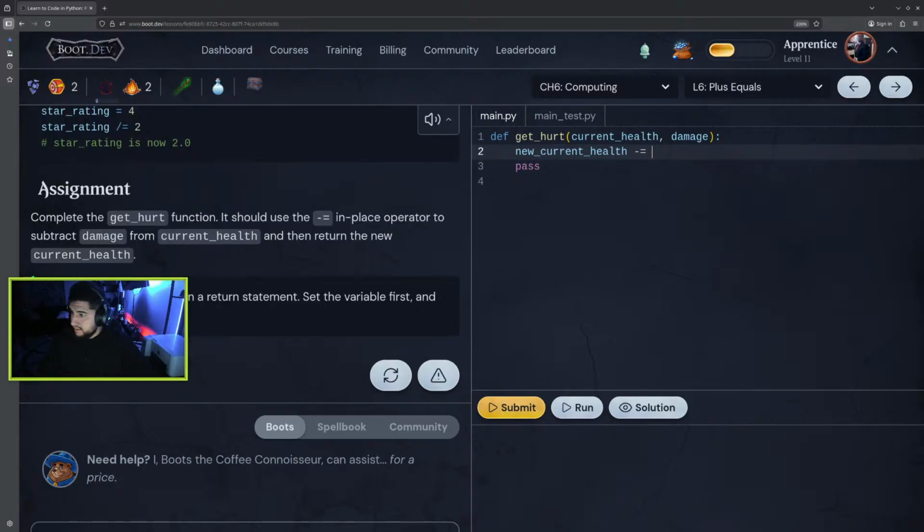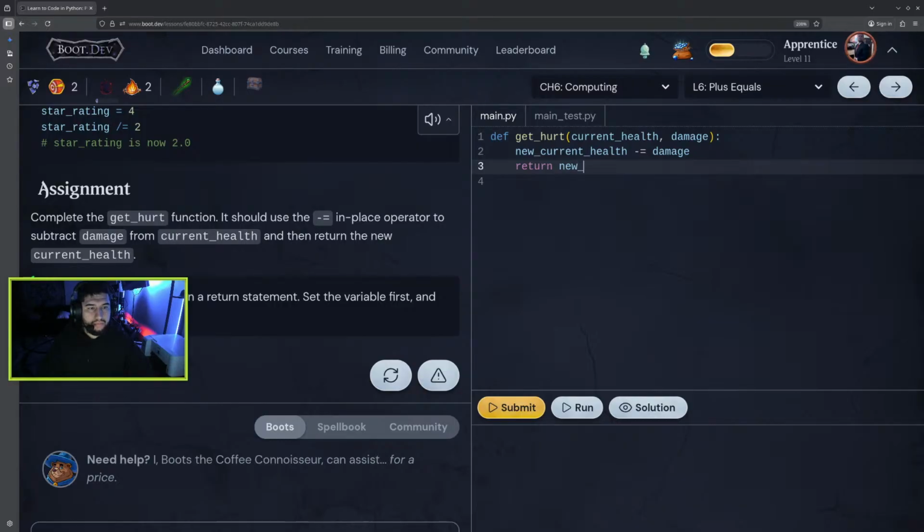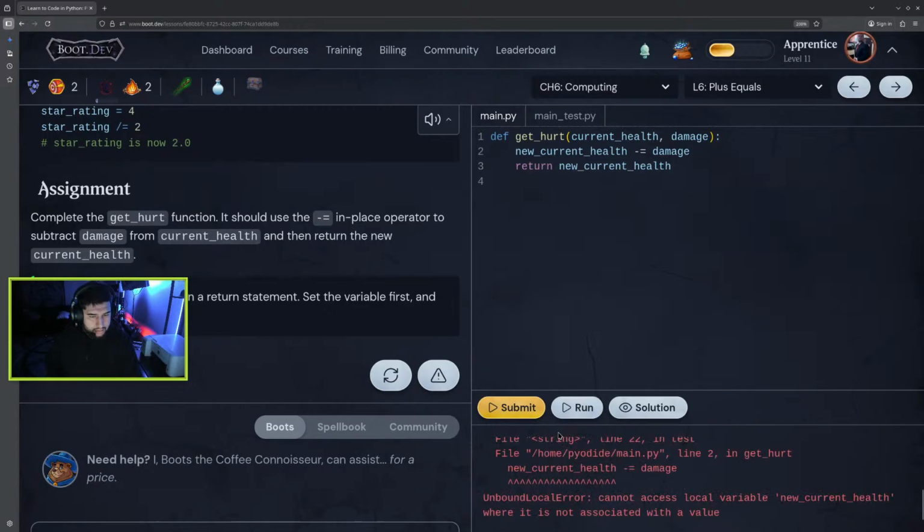Subtract the damage from it, and then return new_current_health. Alright, run it. That did not work. Why did that not work?